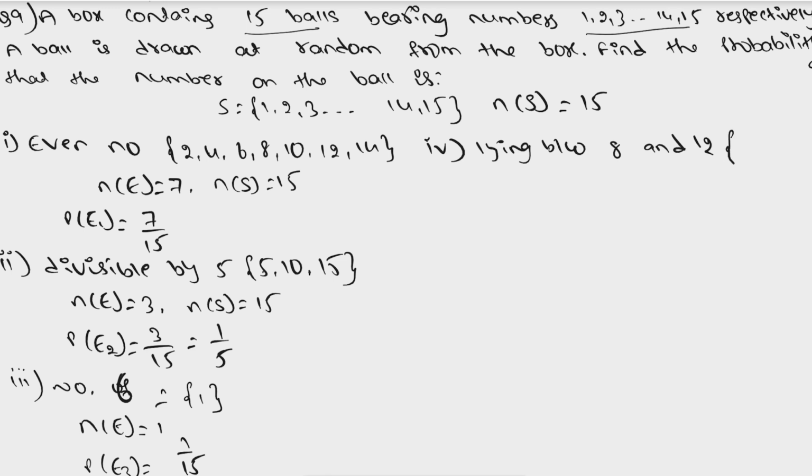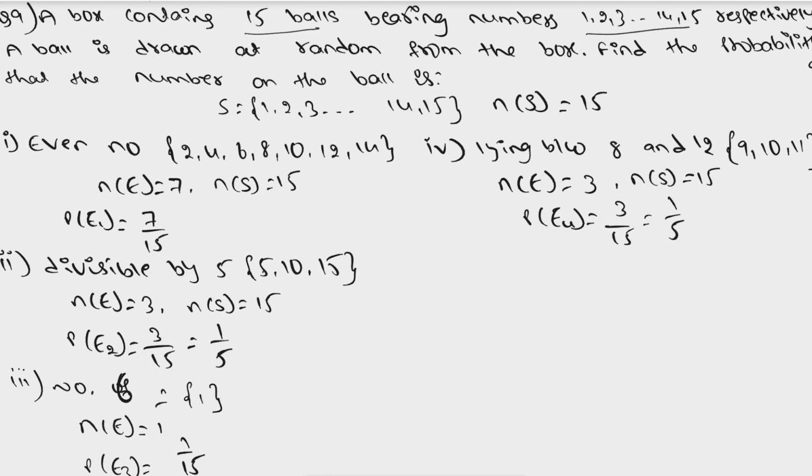So what are the numbers we'll have? 9, 10 and 11. Favorable outcomes are 3 and total outcomes are 15. The probability of getting this fourth event is again 3 by 15, which can be simplified as 1 by 5.